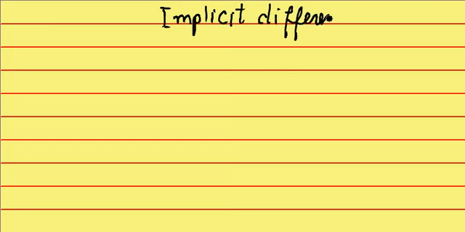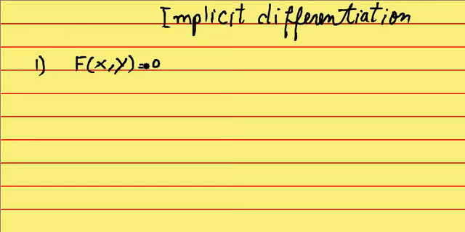Hi, today we are going to talk about implicit differentiation. So the item one that we are going to talk about is if I have a function that is given to me in an implicit way, which means some relationship between x and y is given, but y is not necessarily given in terms of x explicitly.